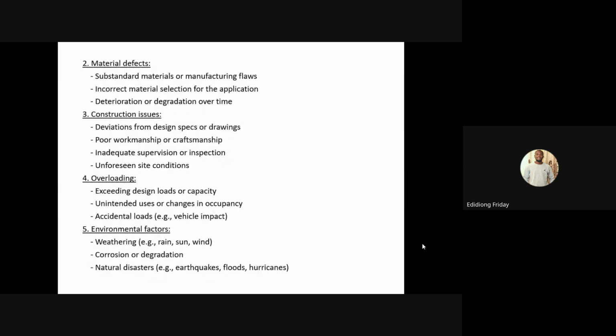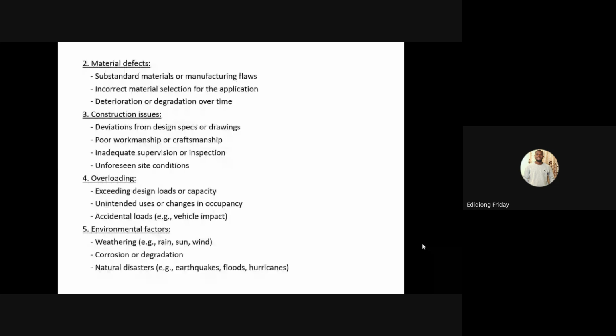Now, the next cause of structural failure is construction issues. Okay, deviations from design specifications or drawings. This is a very common cause of failure. Where the structural design provides 3Y16, for instance, at the bottom for a beam, and then someone comes to site and from his own knowledge or whatever decides to use 2Y16.